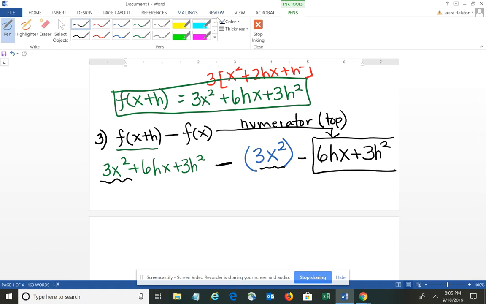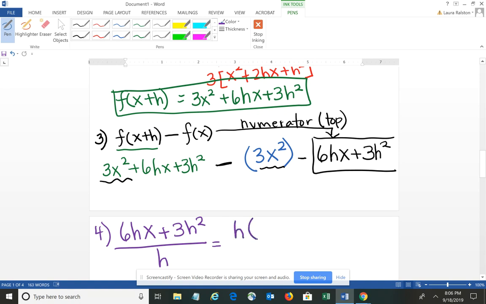Then step 4, I'm supposed to take that expression, 6xh plus 3h squared, that whole thing, and I need to divide it by h. So I notice that in this top piece, both pieces have an h in common, so I'm going to factor it out.